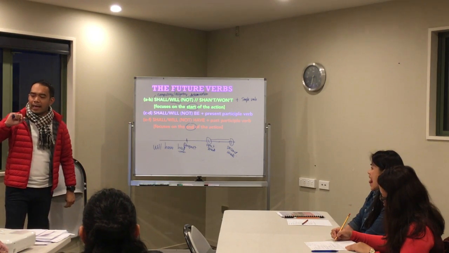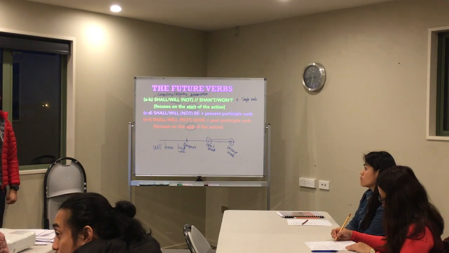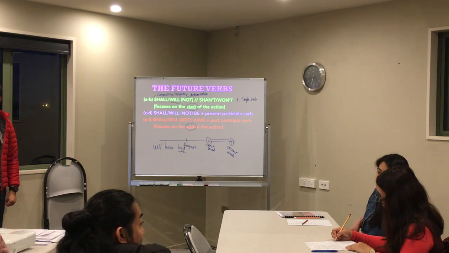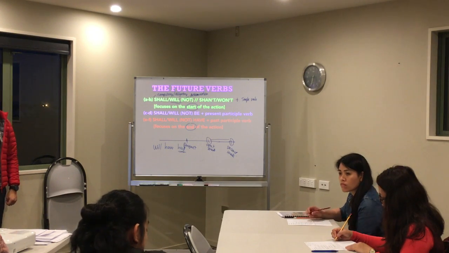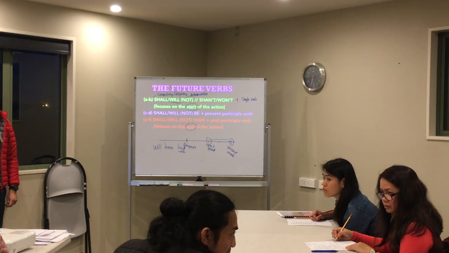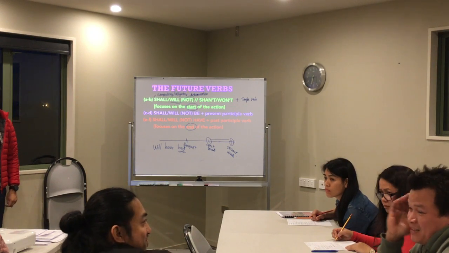How about you, Abe? Okay. What is your long-term goal 10 years from now? What will you have achieved in 10 years? By 2029, my wife shall have delivered a new baby.